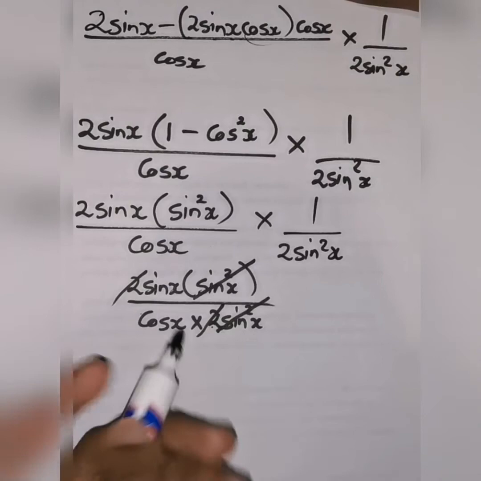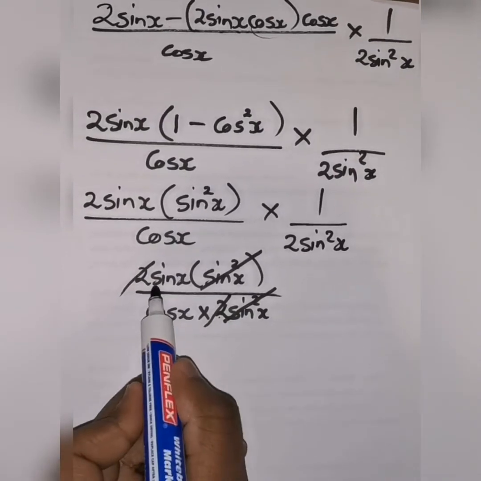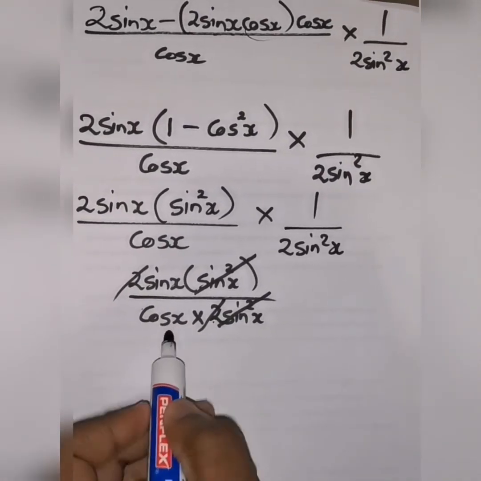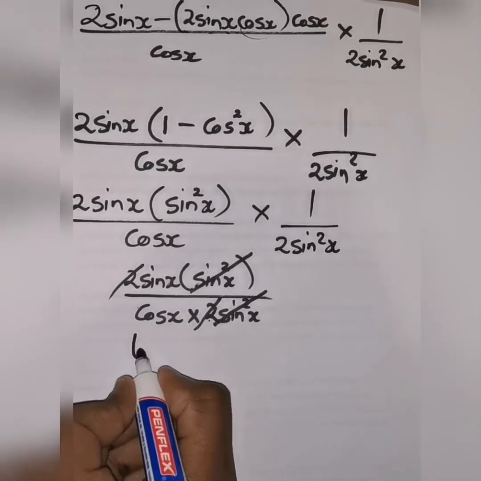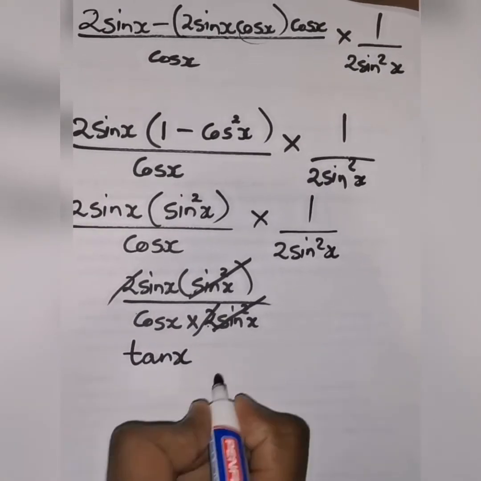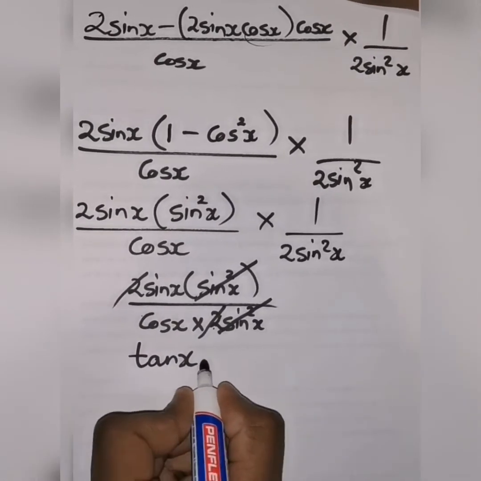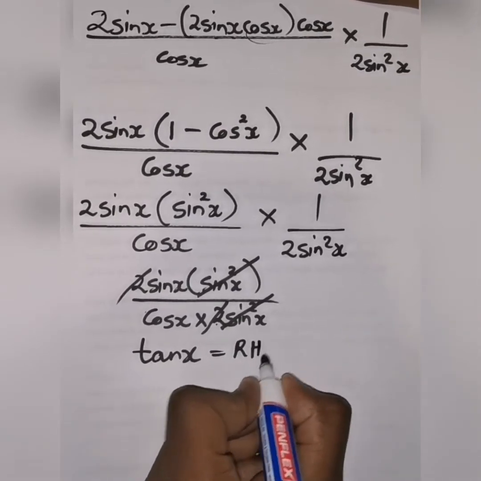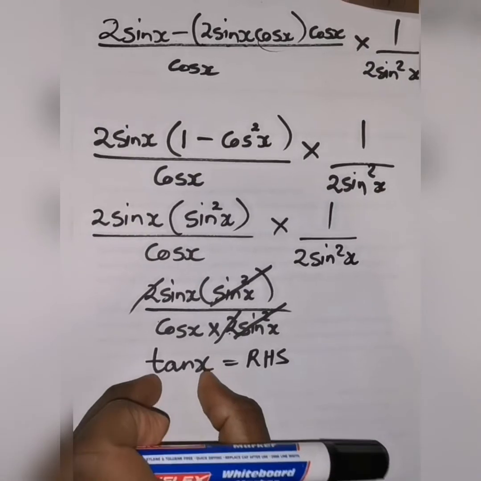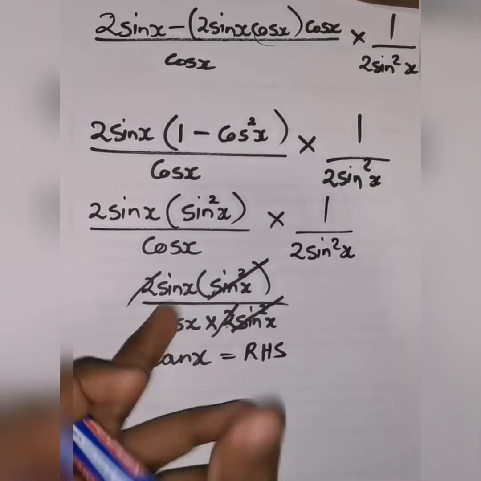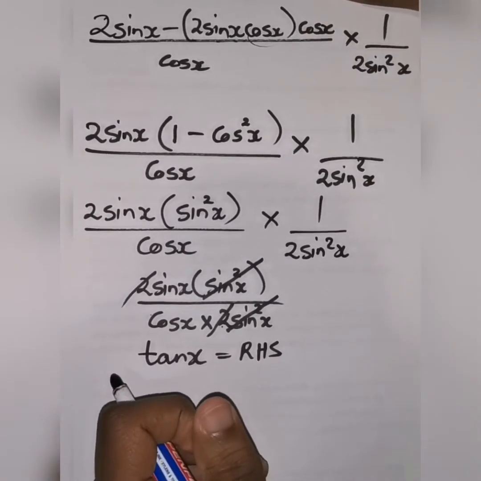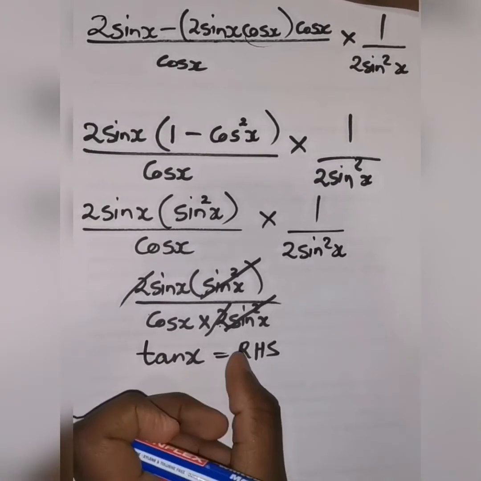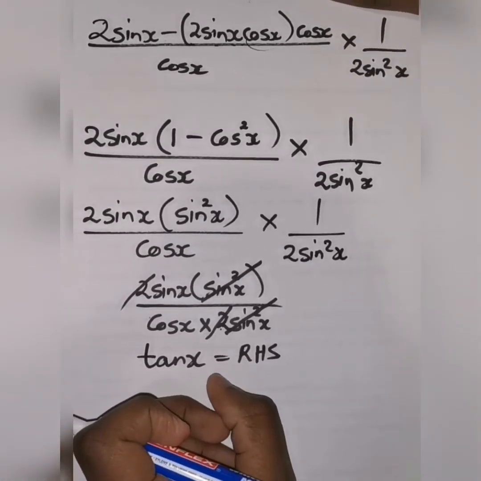And then we're left with sine x over cos x. This equals tan x. If you notice, this tan x is our right hand side, which is what we were required to prove. So with all these steps, we have proven that that term equals tan x.